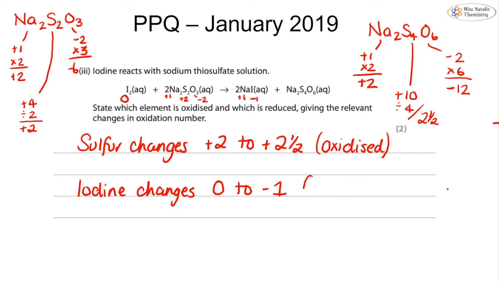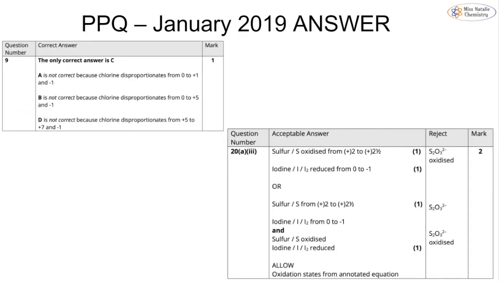So its oxidation number is going down, therefore it is reduced. And there you can see the mark scheme for these answers. So we've got C, which we said was correct, and then the sulfur being oxidized and the iodine being reduced.